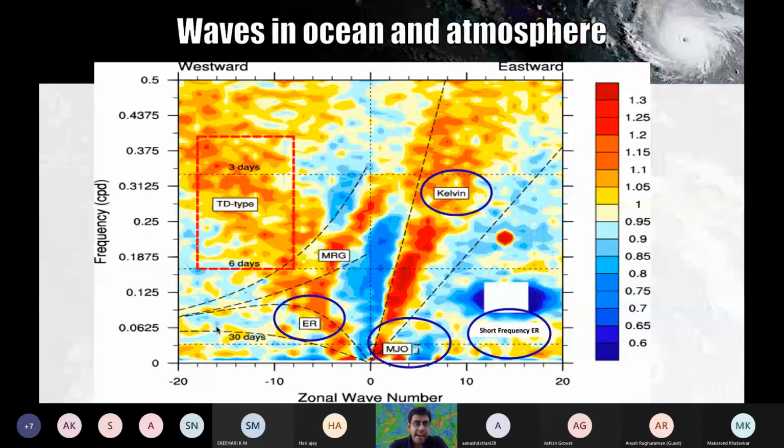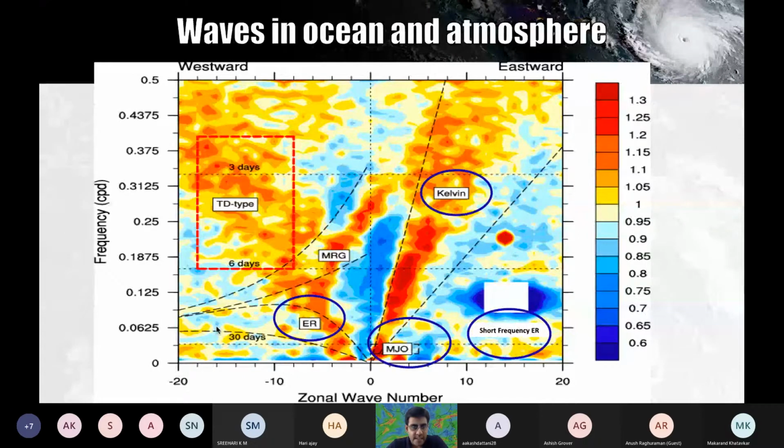This actually puts a lot of spin on the weather prediction community, because if I see a Rossby wave moving from the Bay of Bengal to the Arabian Sea, that doesn't mean the energy is moving in the same direction, because the energy is moving in the opposite direction.